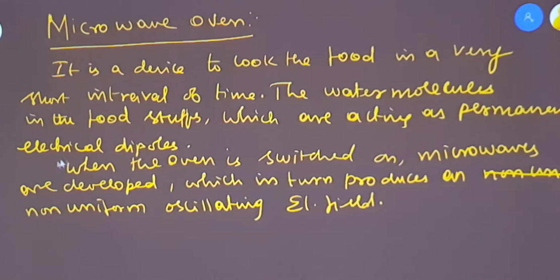Consider this point again: when the oven is switched on, initially microwaves are developed. The developed microwaves in turn produce a non-uniform oscillating electrical field. Inside this non-uniform oscillating electrical field, we have the water molecules, which are the permanent dipoles.